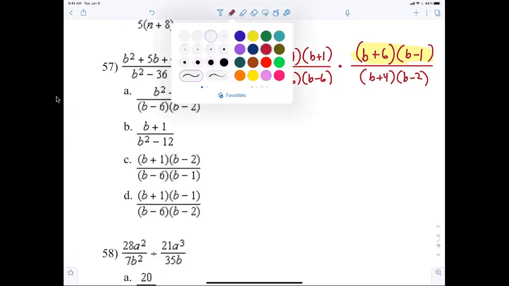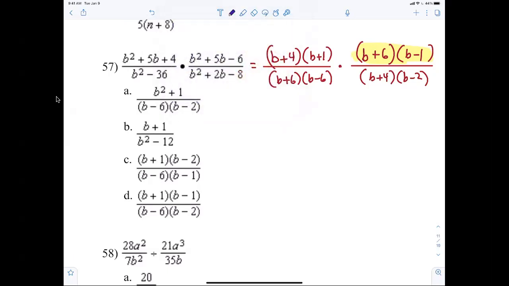All right. So now we just start crossing things out. b plus 4. b plus 6. Is that it? Yep. So b plus 1, b minus 1 over b plus 6, b minus 2. Wow.